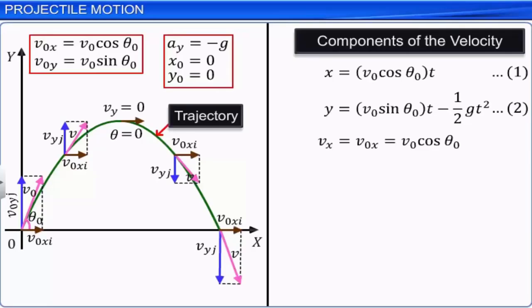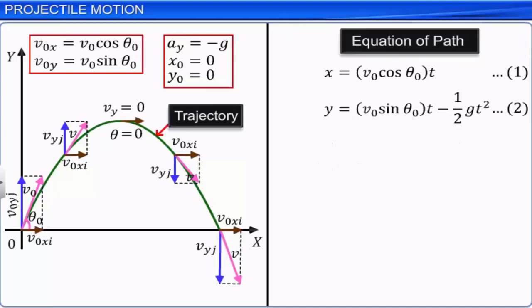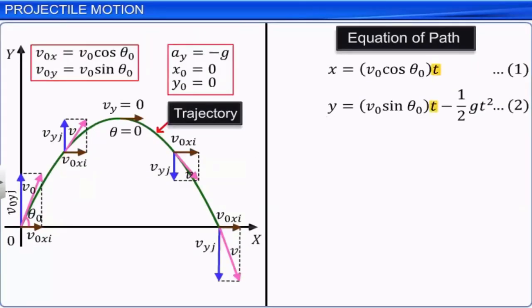Now, let's write the equation of the path for the projectile. By eliminating t from equations 1 and 2, we can get the equation for the path of the projectile.